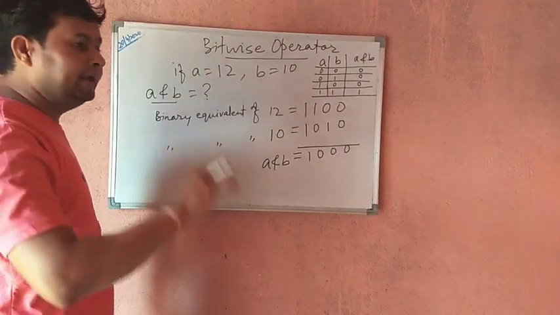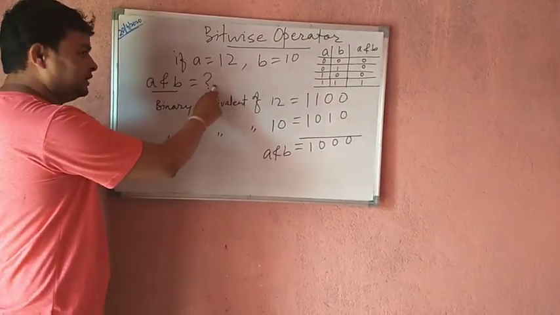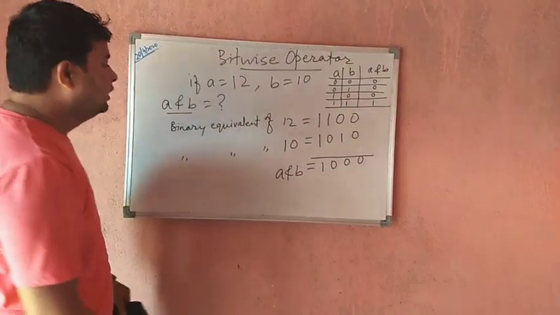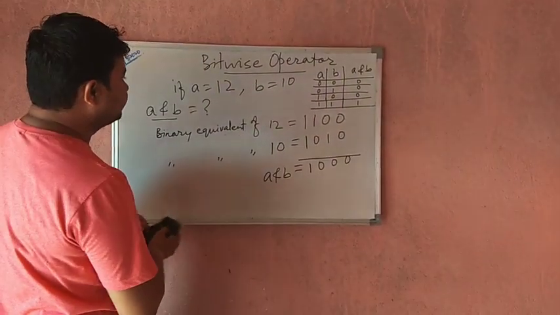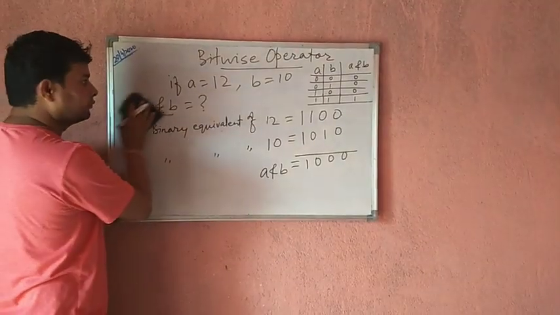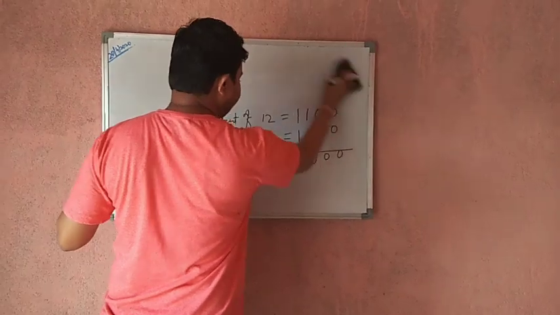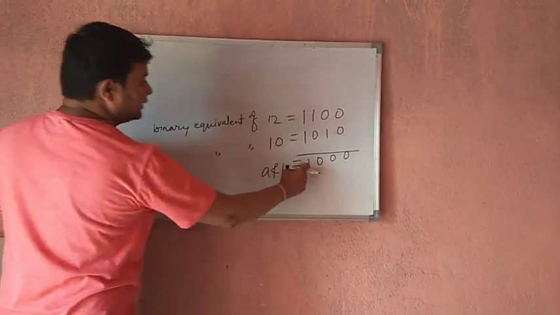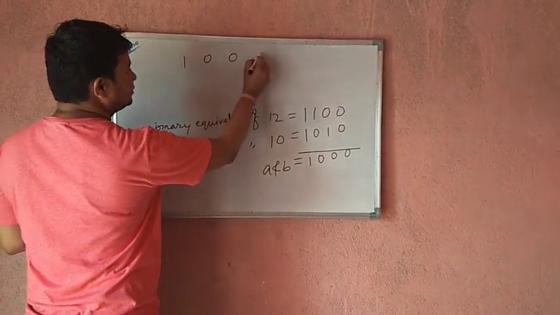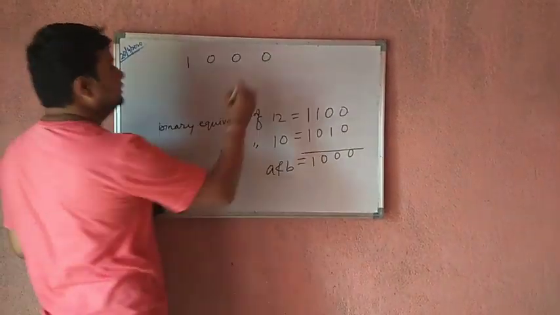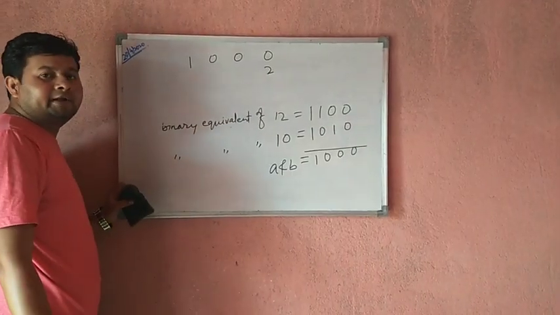Now reconvert it into decimal, because the answer is expected in decimal. So how to convert that to decimal? I am drawing it. Same, you write 1 0 0 0. Just write 2 to the power, which you might have studied in 6, 7, 8.